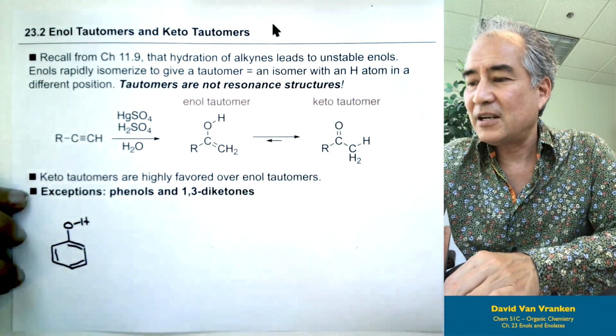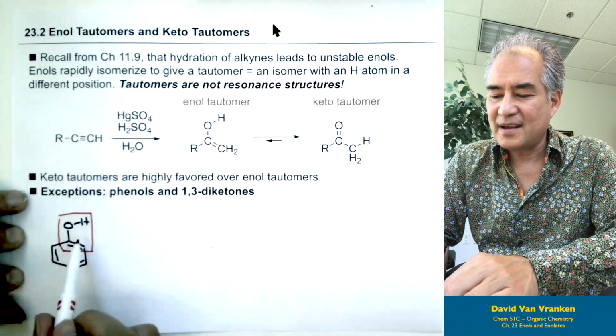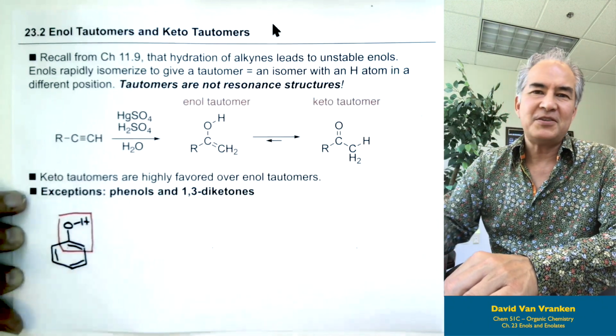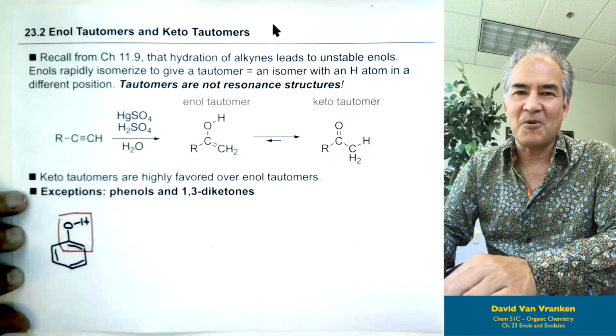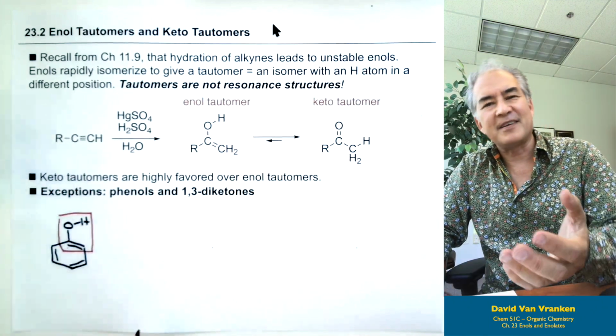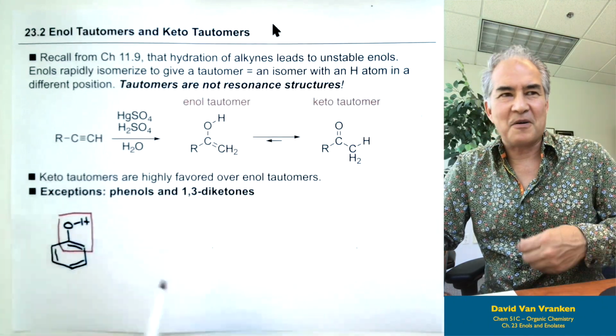Let me go ahead and circle the enol part of that molecule. This is the favored form of phenol. It's not the one where you put a carbonyl group there, because you lose aromaticity. Aromaticity is worth 36 kilocalories per mole. So there's a huge driving force to have the double bond as part of that ring. I hope that's kind of obvious, that you don't draw phenol in the keto form, because it really wants to be aromatic.